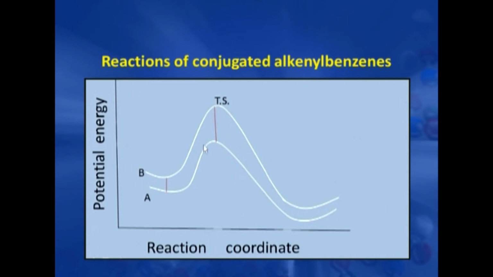The transition state is more stabilized in case of alkenyl benzene. So, the net result is less energy is needed in case of alkenyl benzene, and that is why conjugated alkenyl benzenes are more reactive than alkenes towards HBr reactions.